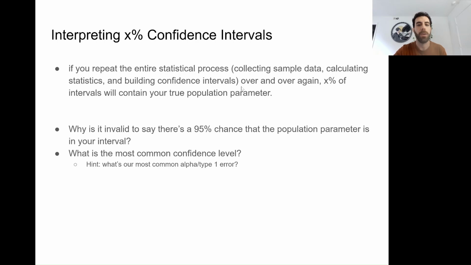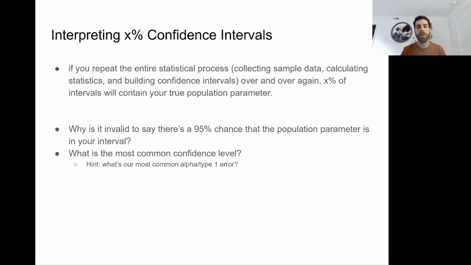Why do you think we use 95% most commonly? And I give you a big hint here as to why that's the case. You probably remember from when we were conducting hypothesis testing that an alpha of 0.05 is the standard for no particularly good reason. Same idea here.